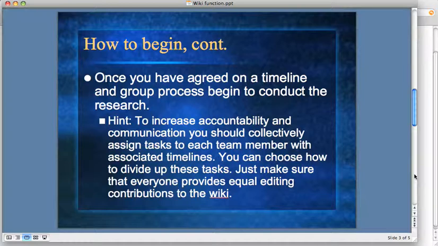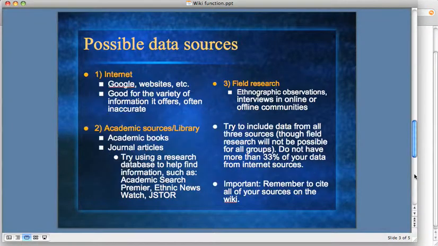So I really suggest that each group collectively figures out tasks for each person as well as a timeline. Try to share those as much as you can equally, and check in about it over the next month while you're working on this project. Just make sure that everyone provides equal editing contributions to the wiki itself.